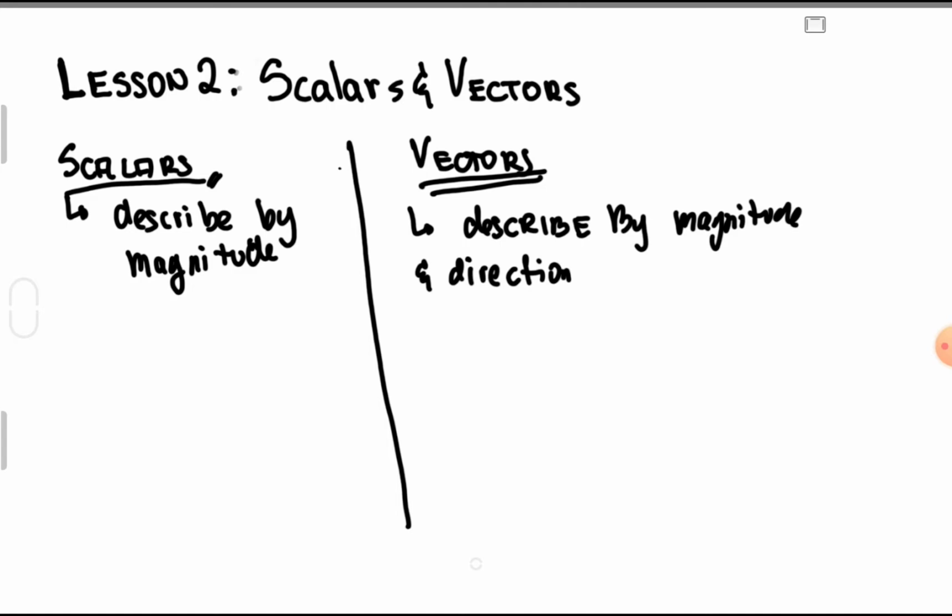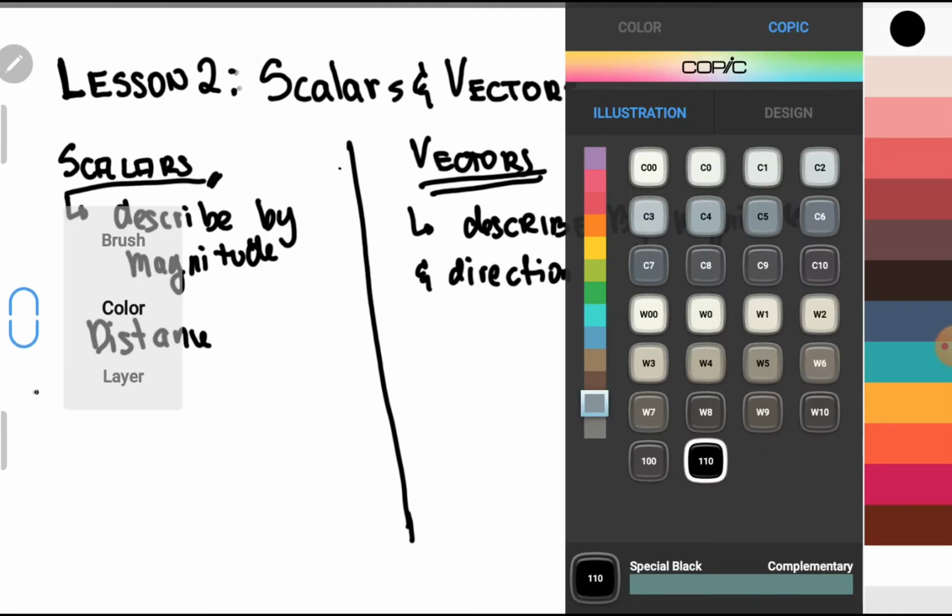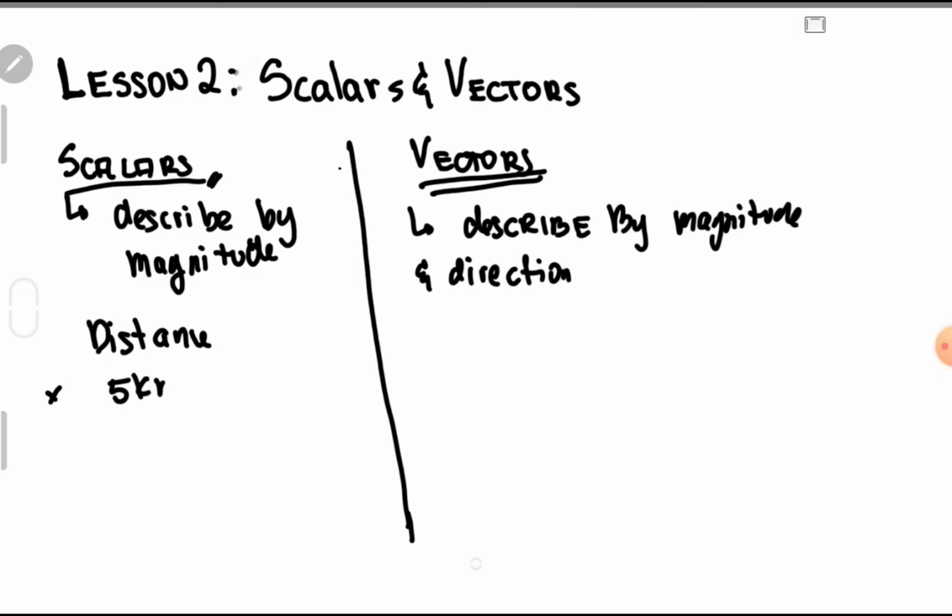An example of this is distance. Let's say I have a distance of 5 kilometers. This is the magnitude of your distance.